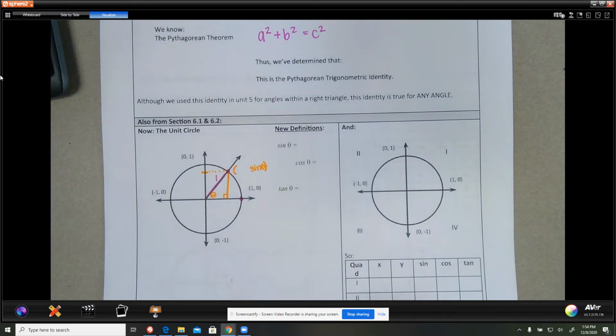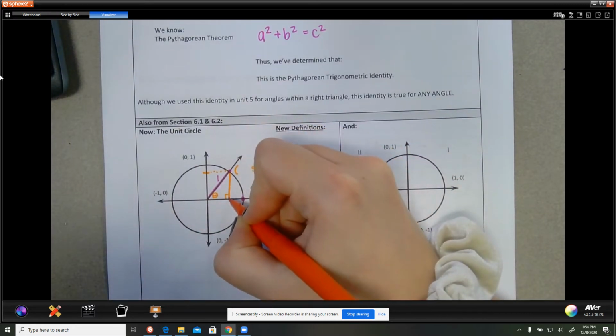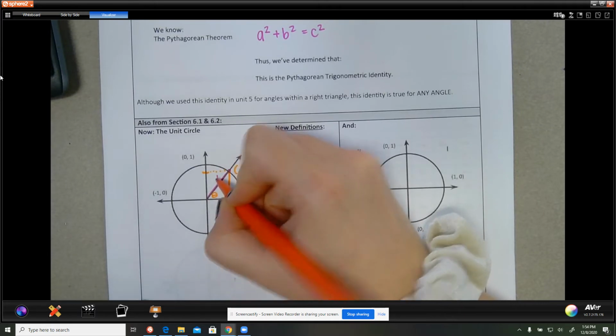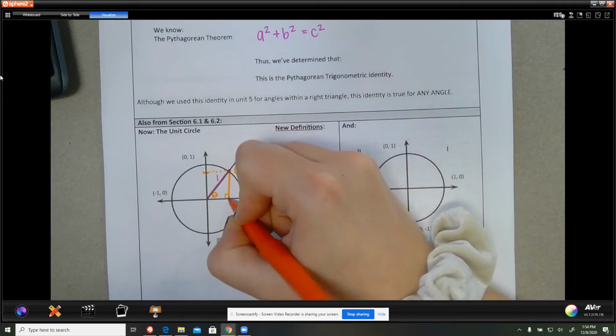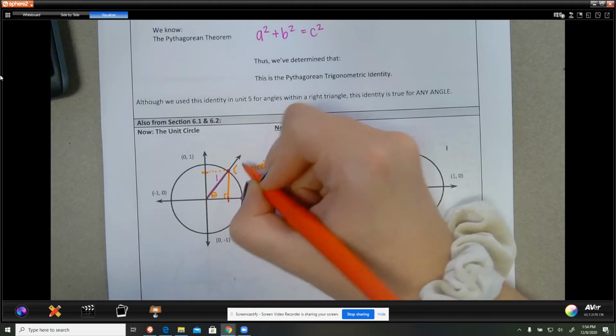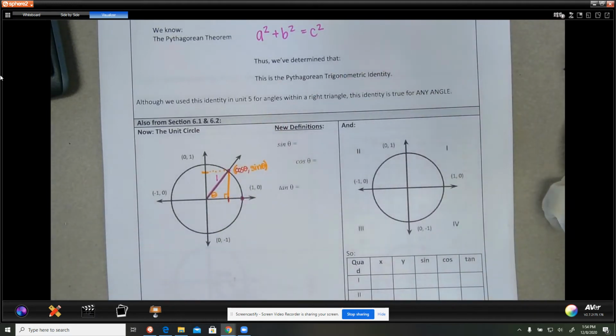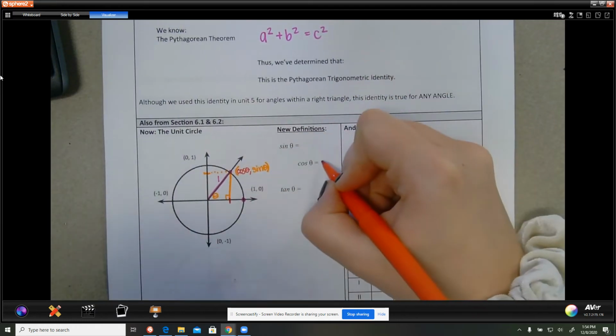Then I can go over here and say, well, what's my x value? What's this side length right here? That would help me with the cosine, adjacent over the hypotenuse. This spot is just whatever x value this is. So cosine of theta is the x spot of that ordered pair, so we can rewrite cosine of theta as just x.